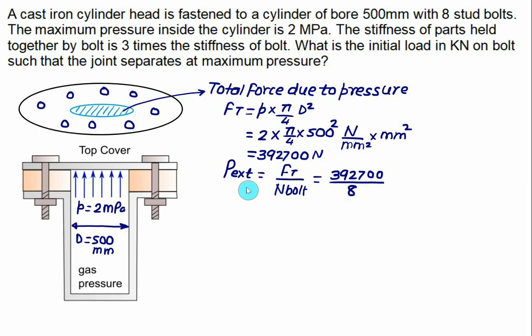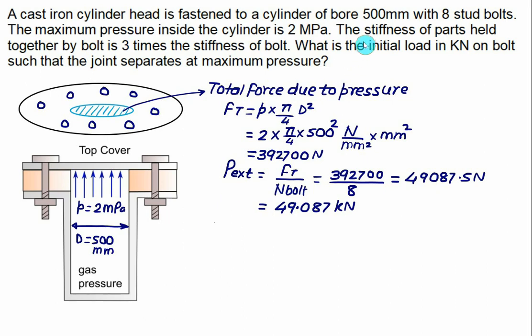So each of these bolts has an external force equal to 49087.5 Newton, that is equal to 49.087 kilonewton. So indirectly he has given the calculation procedure for finding the value of external force.